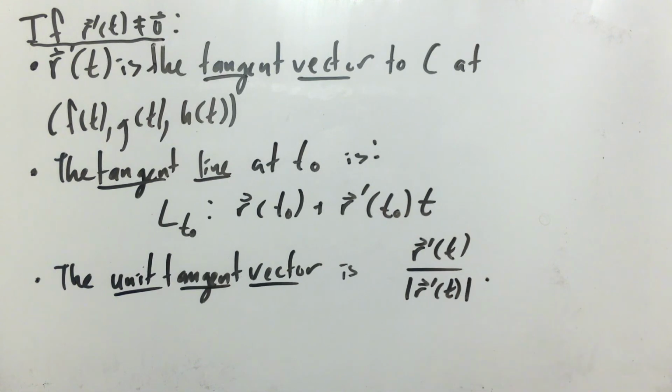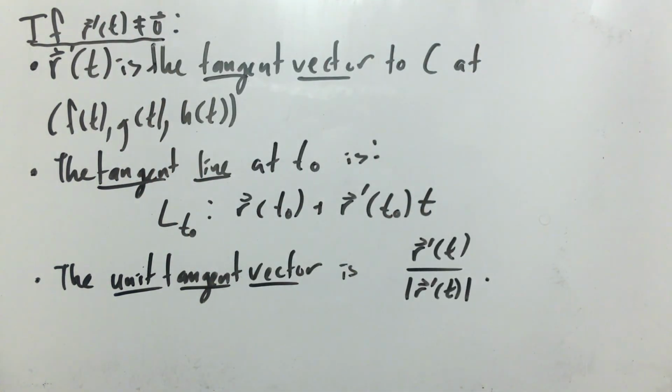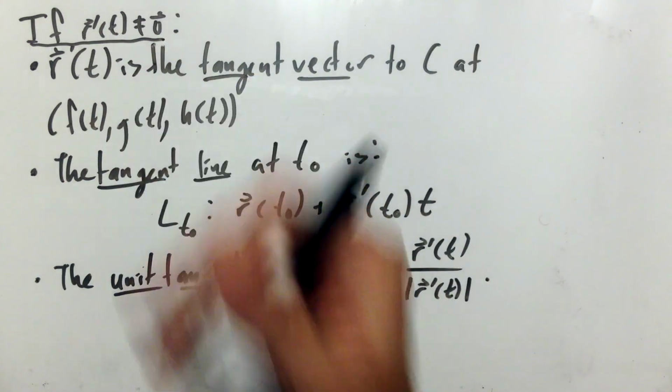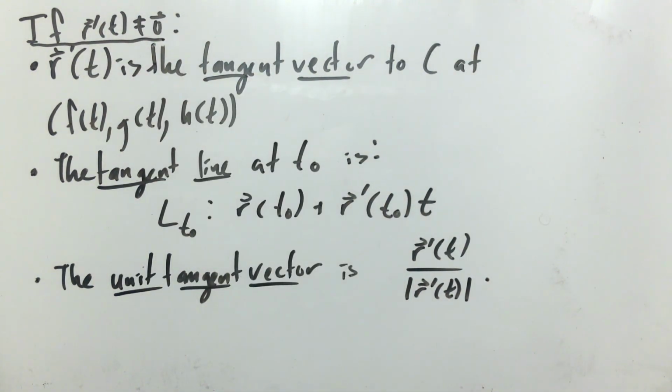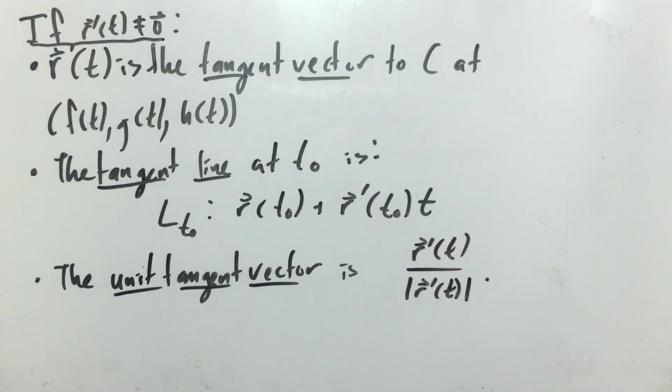We take our vector and we divide by its magnitude. So it gives us a unit vector which is tangent to our curve at a point. R prime of t gives us a little more information if we interpret our parameter t as time, and then r prime is the velocity vector. But if we're just looking at the geometry of c, this is a more natural tangent to look at.